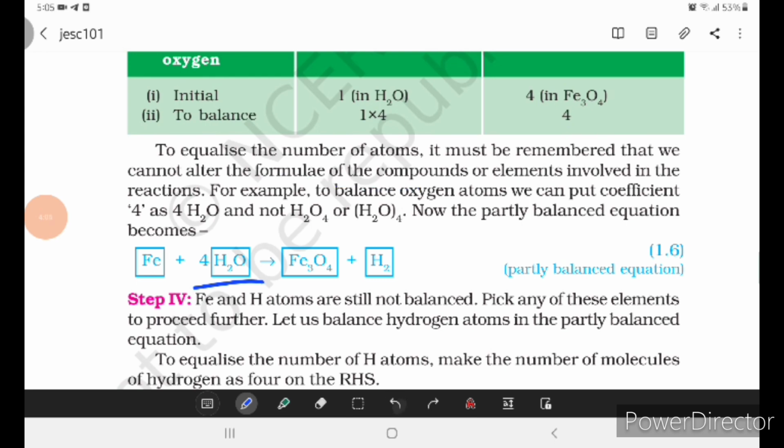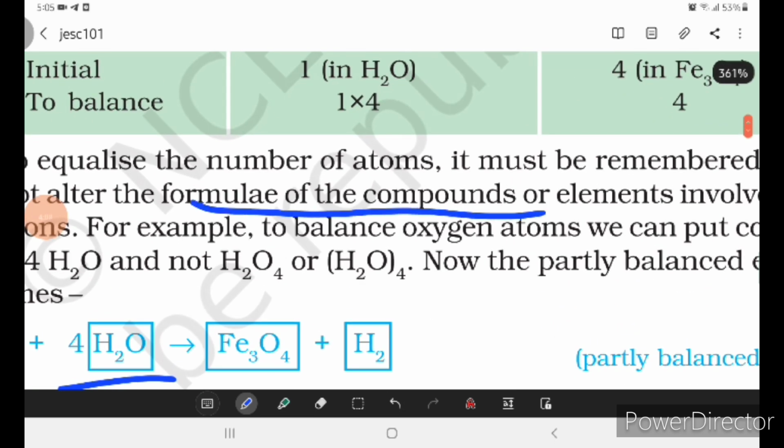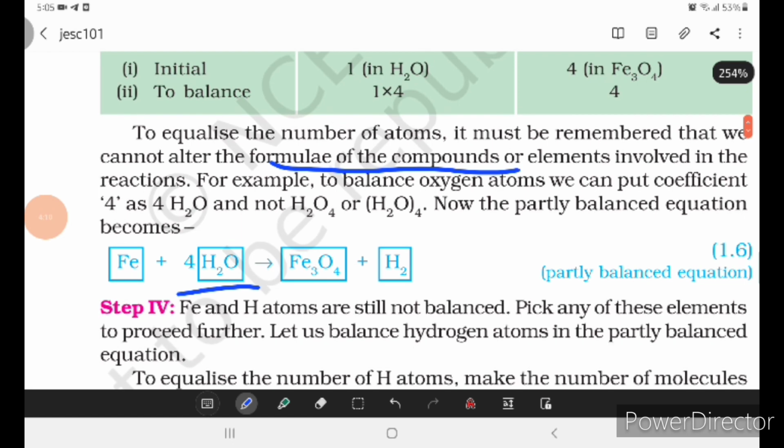We should only change the coefficients of the compound but not the formula. For example, to balance oxygen atoms, we can put the coefficient 4 as 4H2O and not H2O4. H2O4 means you are changing the formula of the compound, so the reaction may also change in some cases.